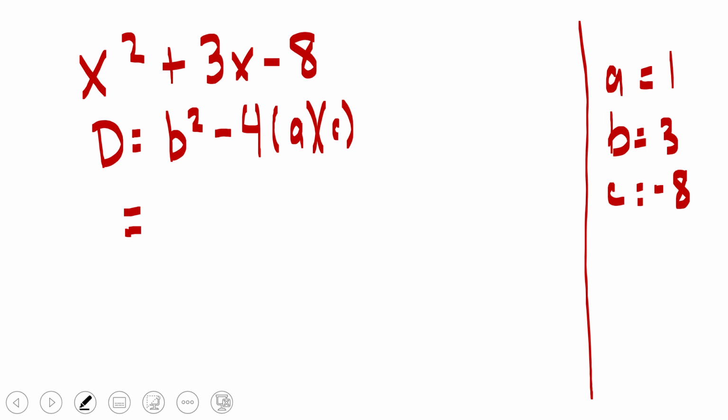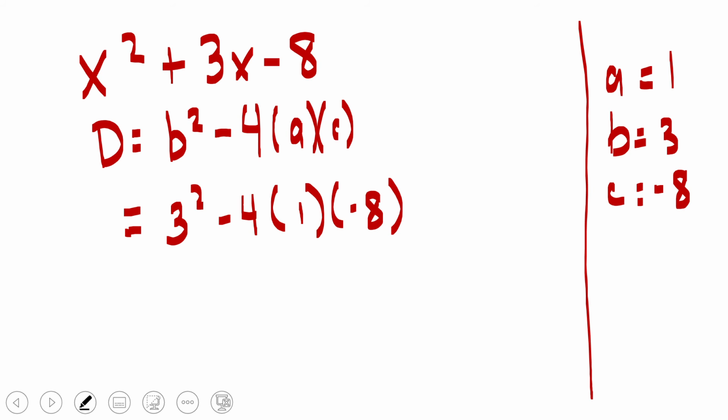So we are going to have 3 squared minus 4 times 1 times negative 8, which is equal to 3 squared is 9 plus 32. So our D equals a positive 41.